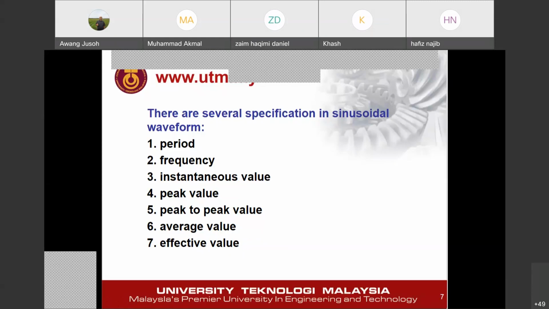Same power produced. That is what is meant by the effective value, or root mean square value, which we compare in terms of power consumed by the load. So the load must consume the same power whether it is supplied by DC or by AC. Okay, so that is what is meant by effective value in the AC circuit or AC system.